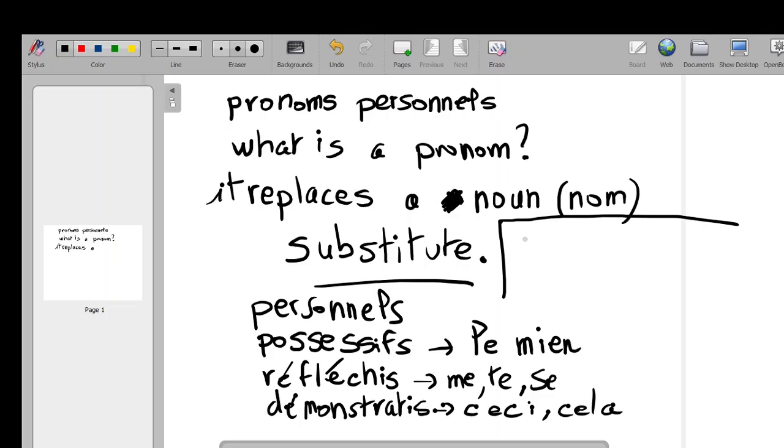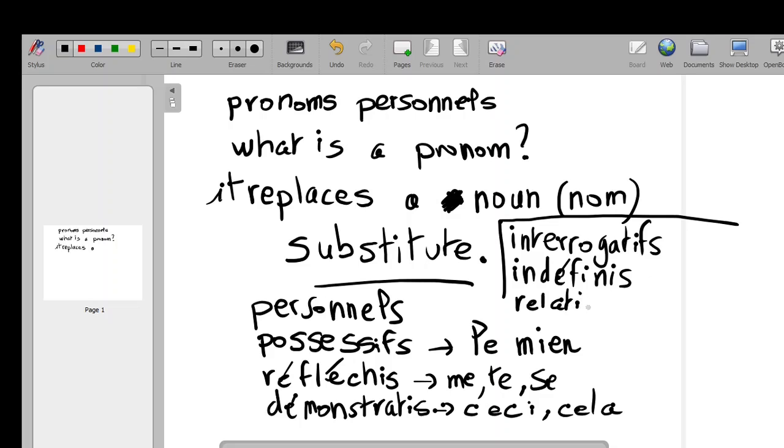You have pronom interrogatif, like qui, quoi, etc. Pronom indéfini, like quelqu'un, plusieurs, tous, stuff like that. And you also have pronom relatif. Qui, que, etc. So now, today we're only talking about those. Pronom personnel.